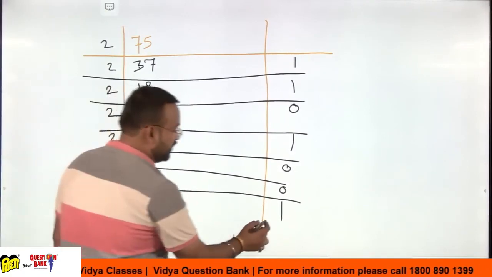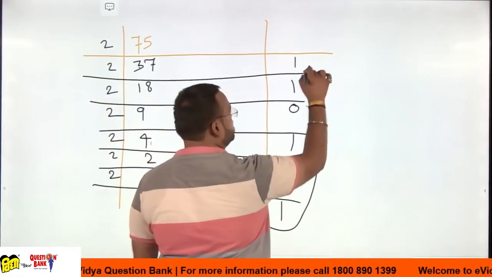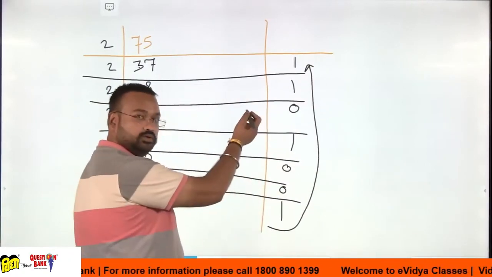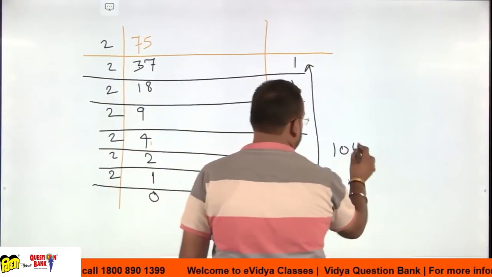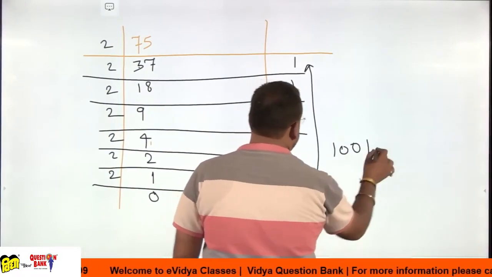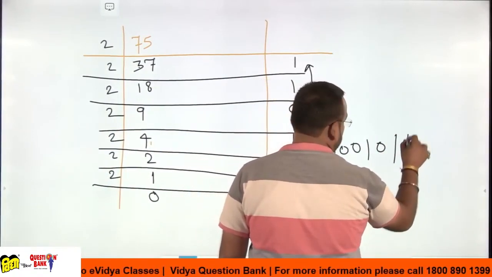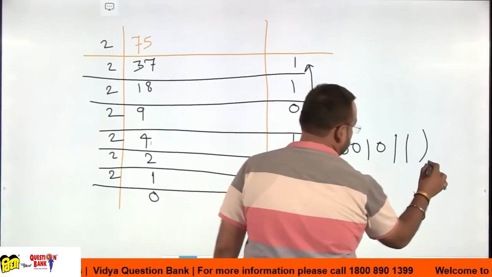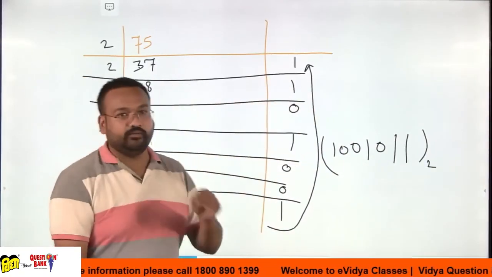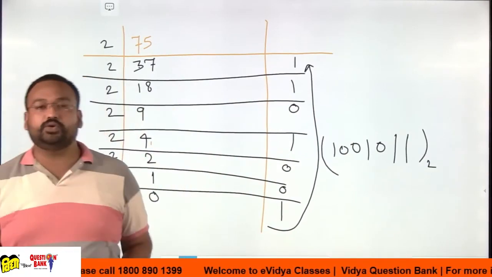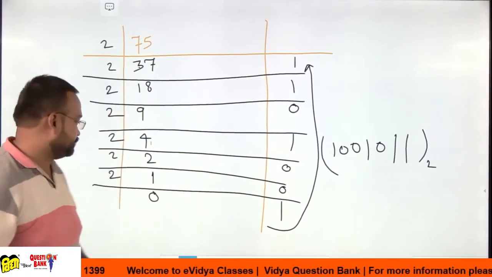So the binary equivalent of this 75 would be, we will start writing from bottom to top. So that means 1 0 0 1 0 1 1 and the base is 2. So this is how we can convert a decimal number into a binary number.